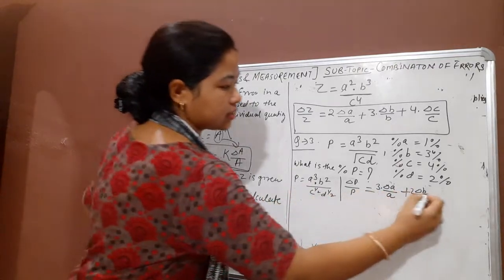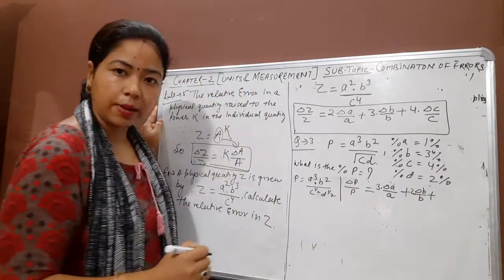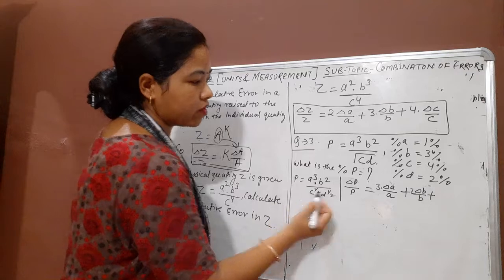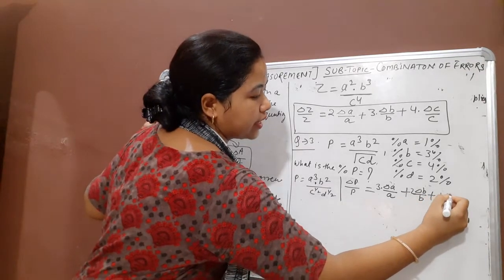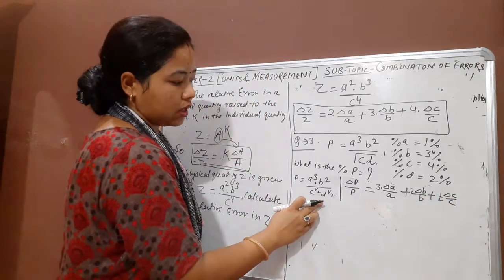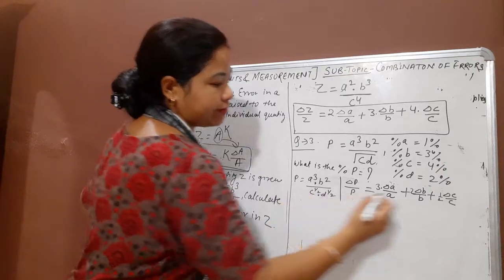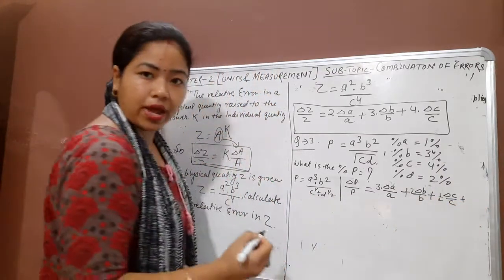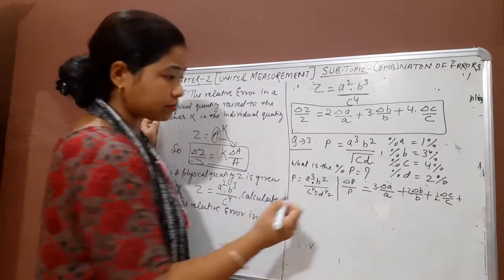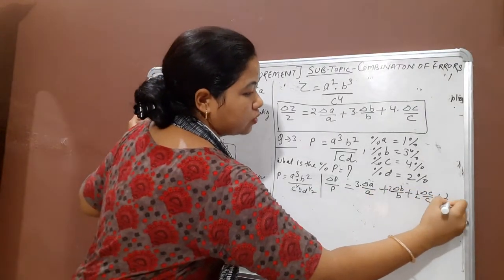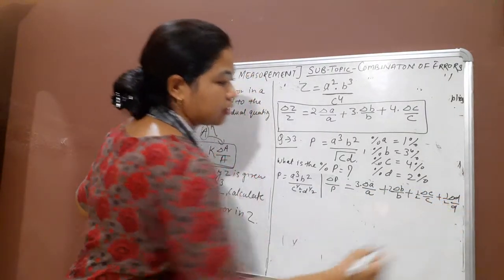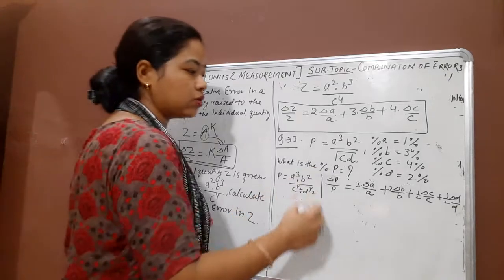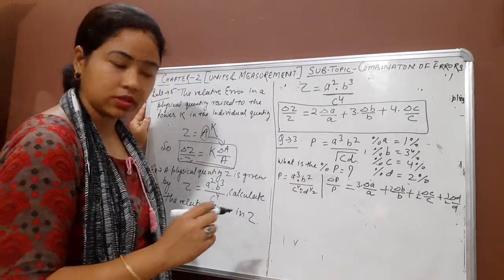Now the divide sign is there, which also converts into a plus sign. For c to the power 1 by 2, that means 1 by 2 delta c upon c, and there is a product sign between c and d, which converts into a plus, so we have 1 by 2 delta d upon d. So all values are converted into relative error form.